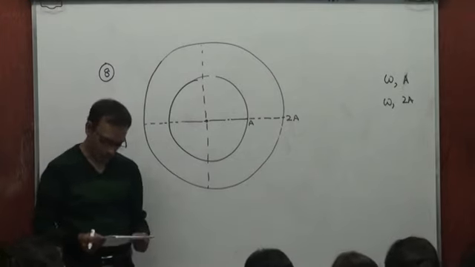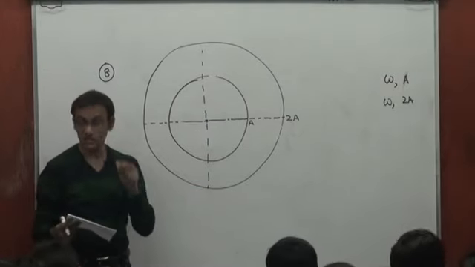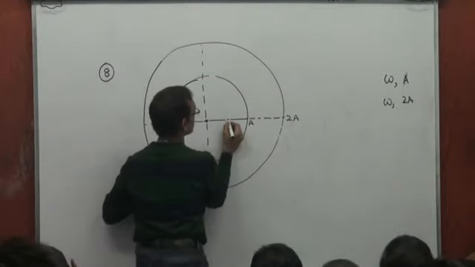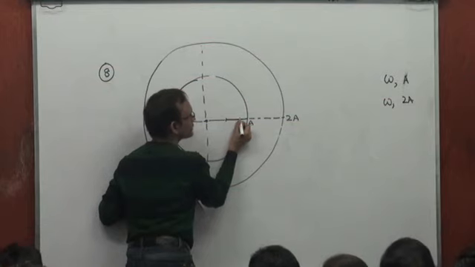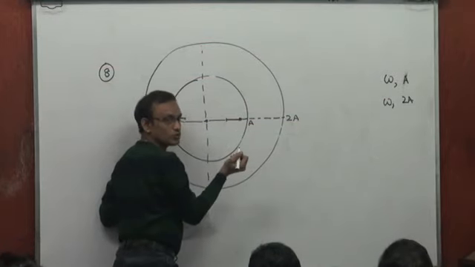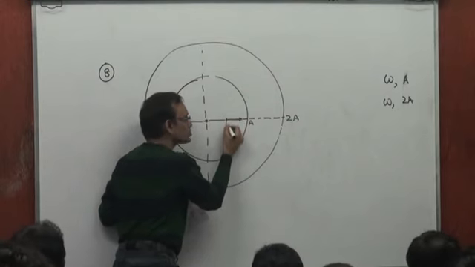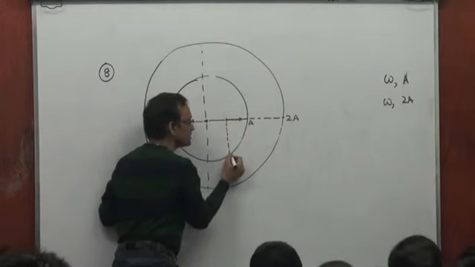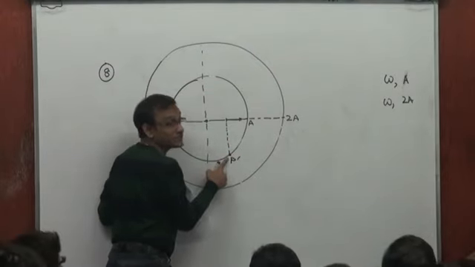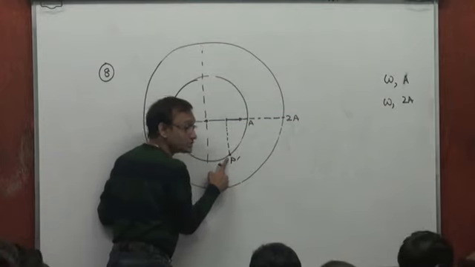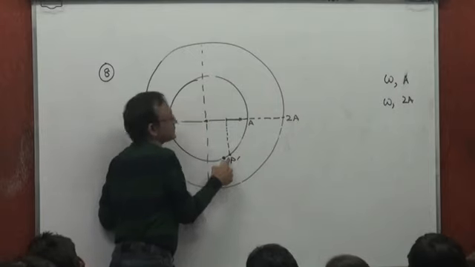Now, they cross each other in opposite directions at x equal to A by 3 from the mean position. At this point, one of them is moving to the right. Let's say the one with amplitude A is moving to the right. Its corresponding point on the auxiliary circle would be P prime. So this is the auxiliary circle of relevance for the particle of amplitude A, right? If it's heading to the right, its auxiliary particle would be P prime here, right?